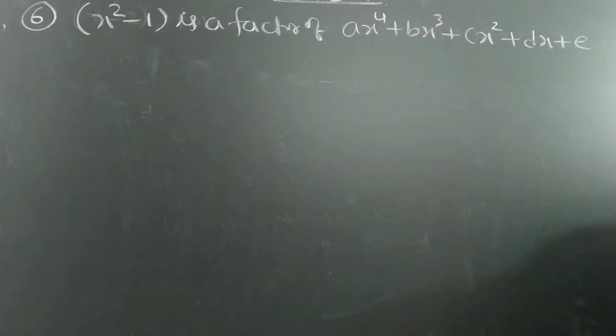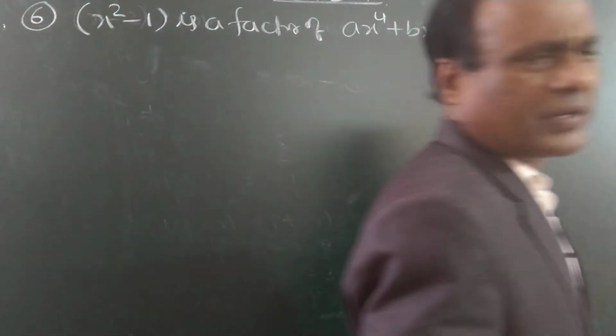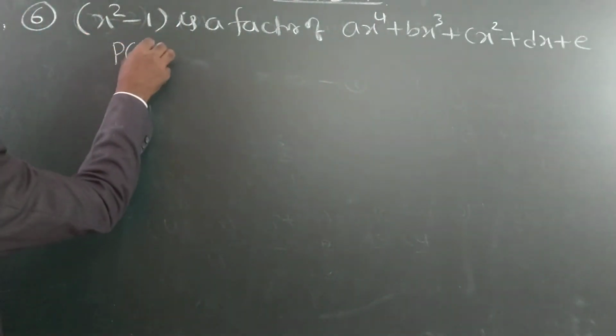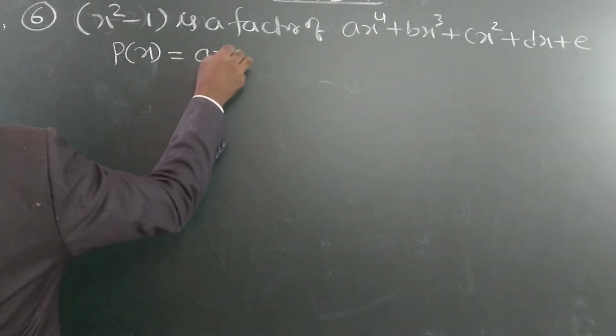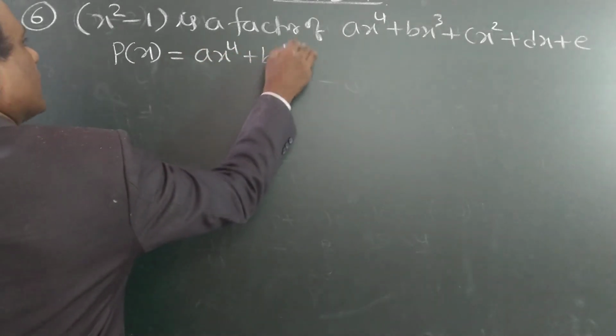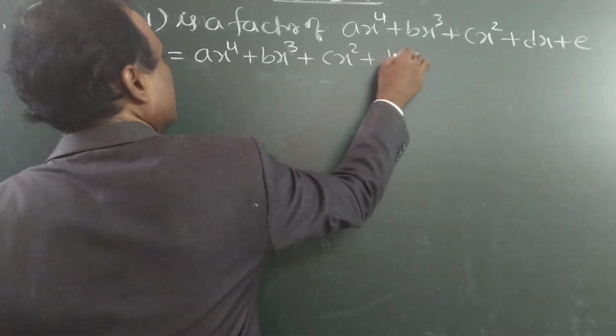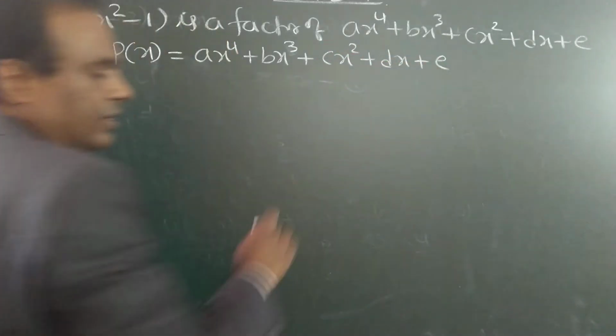Read this question. This is also an important problem, but the concept is same. Take the polynomial. Given polynomial is ax power 4 plus bx cube plus cx square plus dx plus e. This is the given polynomial.